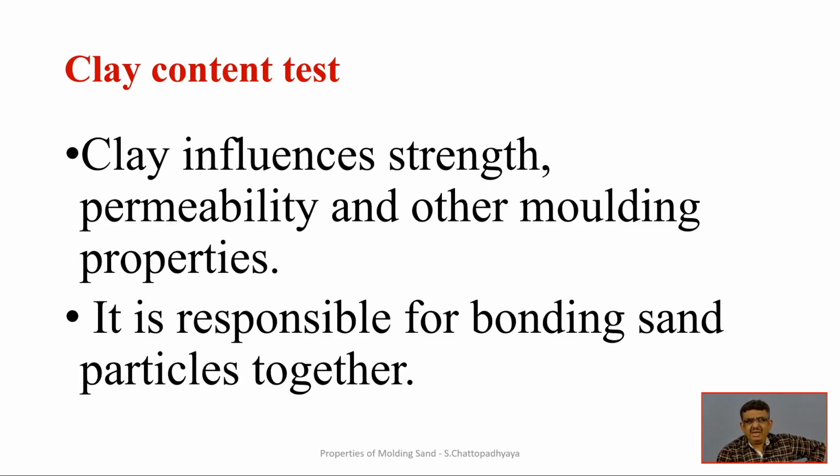The clay content influences strength, permeability and other molding properties. Clay and porosity sometimes contradict each other, so one has to find out how much clay will be there. Clay is responsible for bonding the particles together. It will increase the strength, but at the expense of that, the escape of the gases will be blocked to some extent.